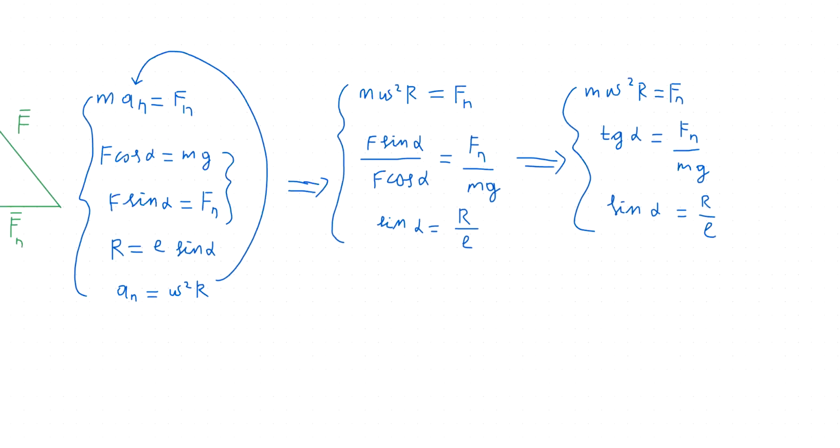Okay, and let's find tangent from sine. Tangent alpha is equal to sine alpha divided by cosine, and according to the trigonometric formula, cosine is plus or minus square root of 1 minus sine to the power of 2 alpha.